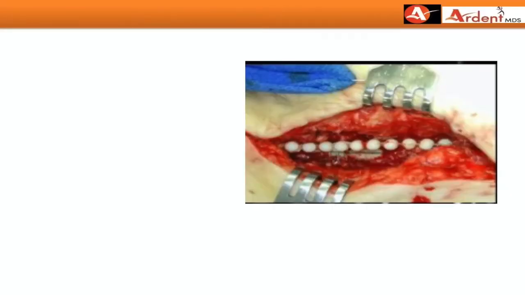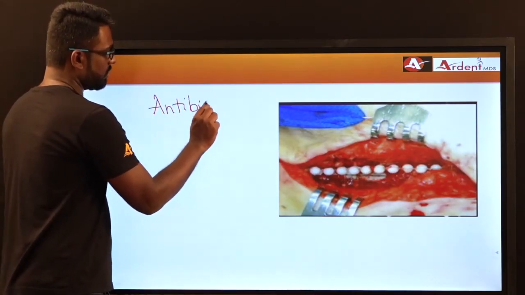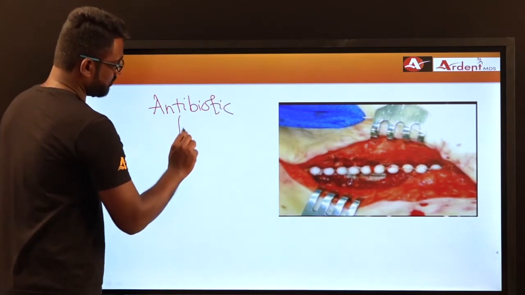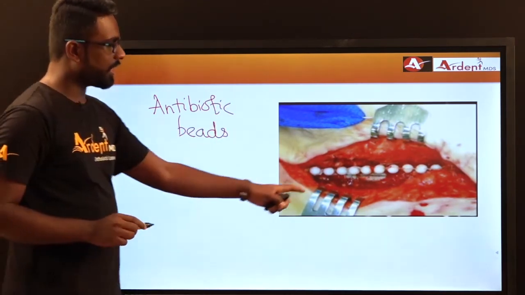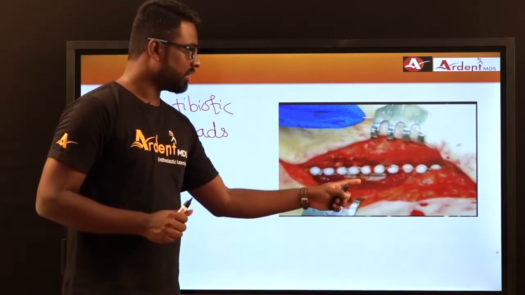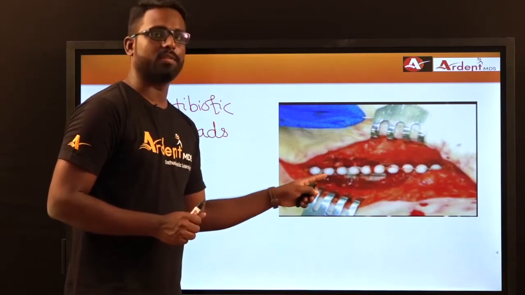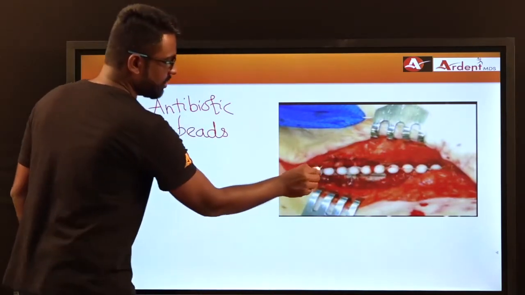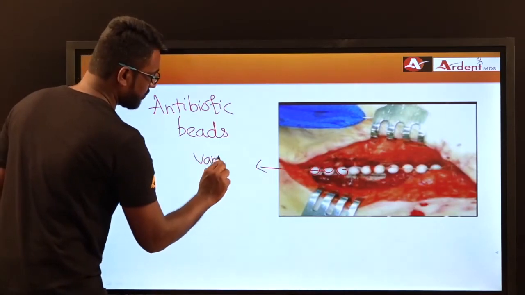So as I told you earlier, these are all the antibiotic impregnated beads. Why we are giving antibiotic beads here is because the effect of the local drug acting here will be increased. These beads are made up of vancomycin or linezolid.